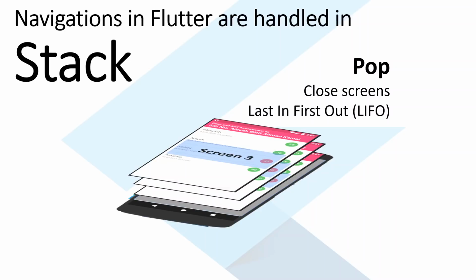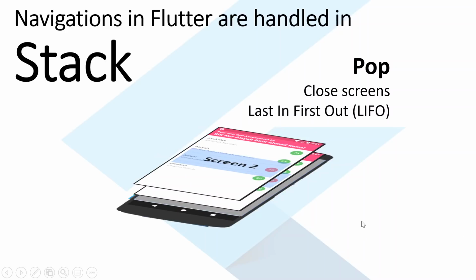Okay, so the recent screen you pushed previously, when you invoke a pop operation, that screen will be taken out from the stack, and in this case the recent screen is screen number 3, and then we pop screen number 3, it will take out screen number 3, and what's left on the screen is basically screen number 2 on top.